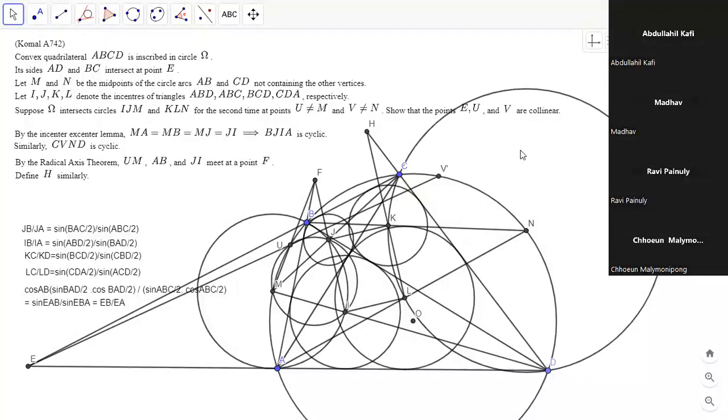Okay, I'm just going to write it out for now. Is MB equals MA.